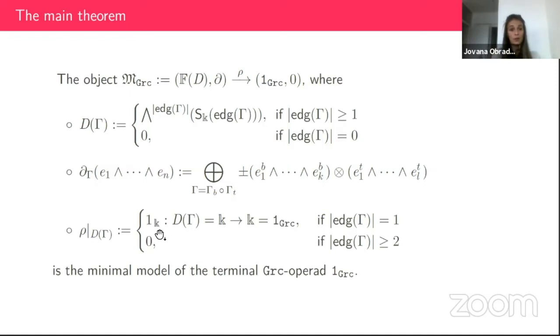Okay, so this is our main theorem. And the most difficult thing to prove here is that MGRC has the same homological properties as 1GRC, in particular, that its homology vanishes in positive degrees. And this is where we turn to convex and discrete geometry. By showing that MGRC admits a very nice presentation in terms of polytopes, we get this homology for free.